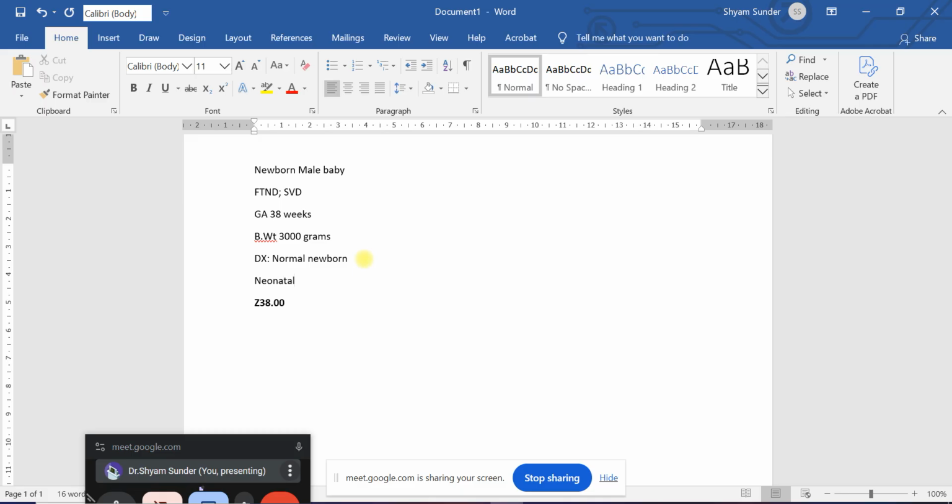Now, for example, if the baby is sick, neonatal seizures, the baby has fits, for example, you have to give an additional code for this secondary condition. Can you please try the code for neonatal seizures? Neonatal indicates the baby is a newborn less than 28 days. Seizures is fits.